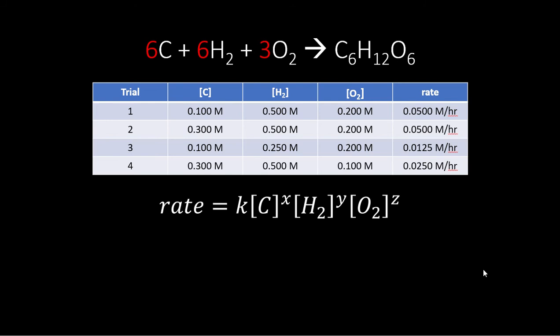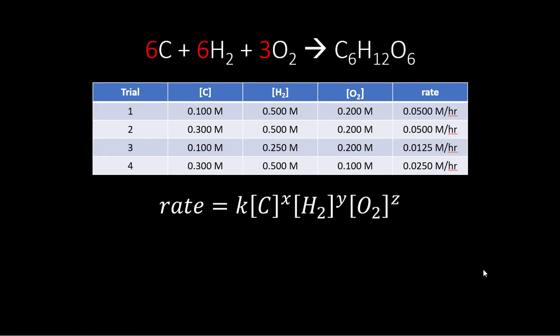Now, here's the issue though. We don't know the rate order of each reactant. We don't know the rate constant. All we have is a set of different trials with the concentration of each reactant given to us, and then the rates of each of those sets of data.